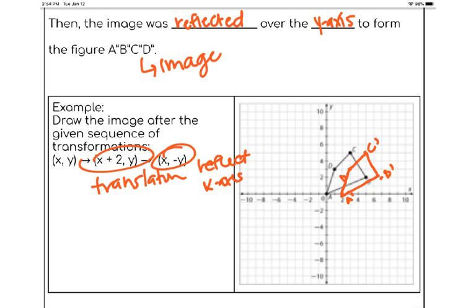And then it says x, negative y. So x is going to stay the same, y is going to now become negative. So we're just flipping this over the x-axis. So x stays the same, so 3, but now it's going to be negative 3. 3, negative 3.